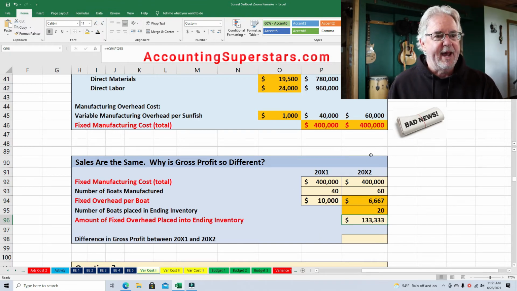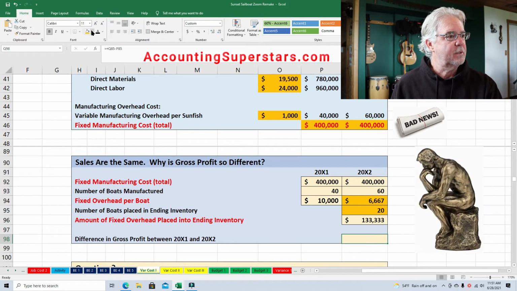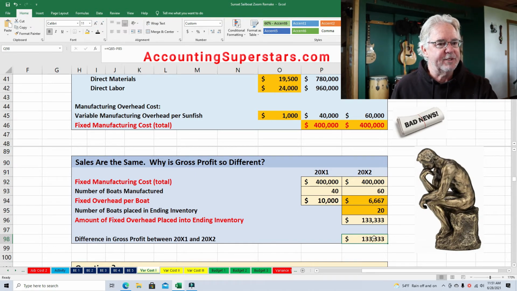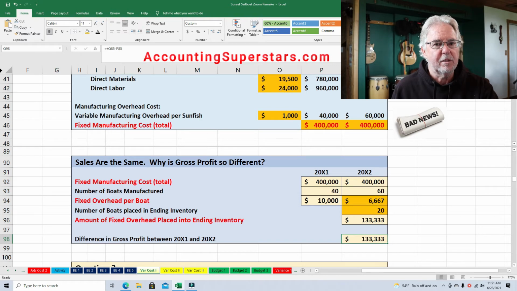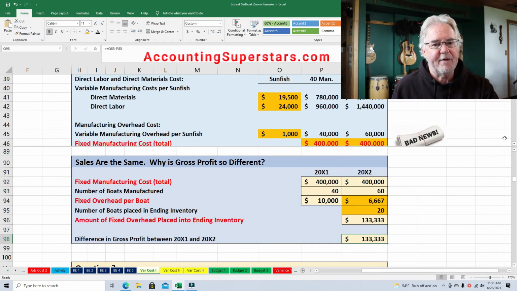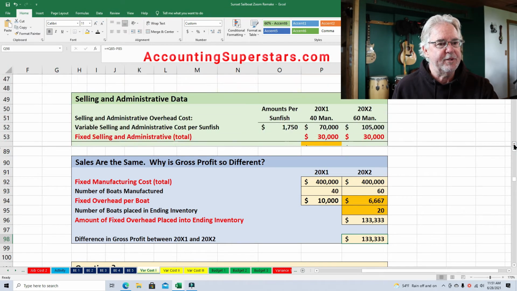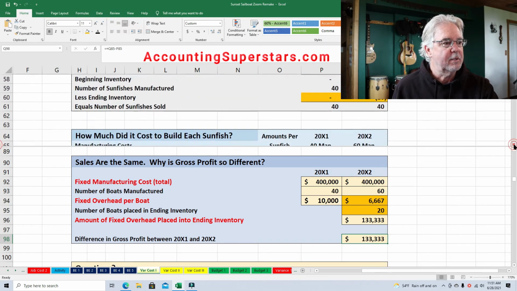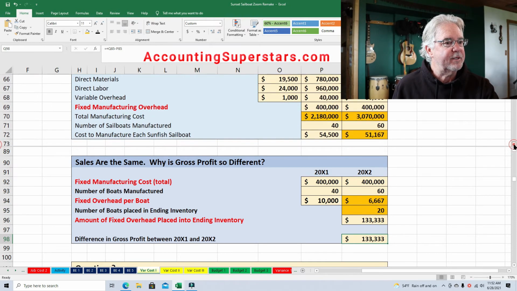In other words, out of this $400,000, 133,333 was not expensed and it was placed into ending inventory. So the difference in gross profit, here we go, 133,333. And if we go to the income statement, the difference in gross profit is 133,333. So let's find it.